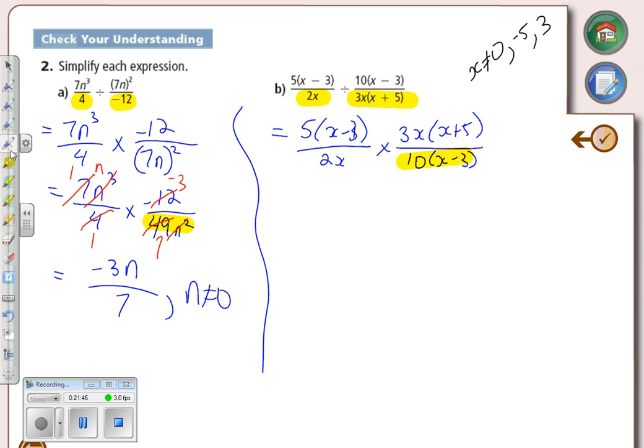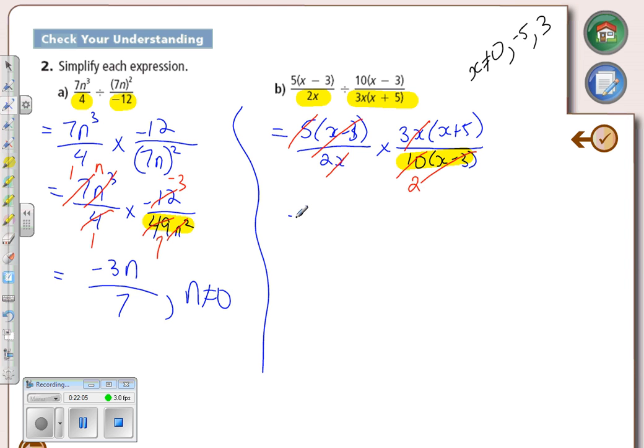And then now let's start hacking it up. X minus 3, boom. X minus 3, boom. X, and the 5 and the 10 goes to 2. And that's what we're left with now.